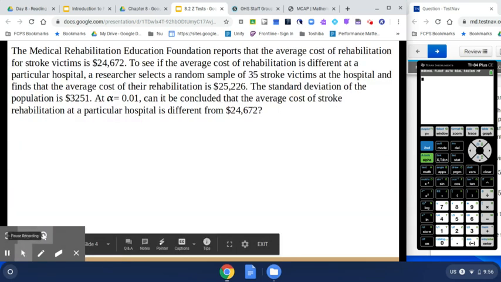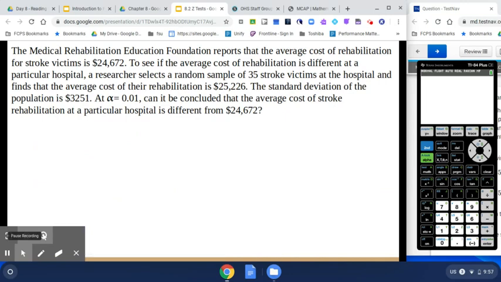Okay, the next example says the Medical Rehabilitation Education Foundation reports that the average cost of rehabilitation for stroke victims is $24,672. To see if the average cost of rehabilitation is different at a particular hospital, a researcher selects a random sample of 35 stroke victims at the hospital and finds that the average cost of their rehabilitation is $25,226.